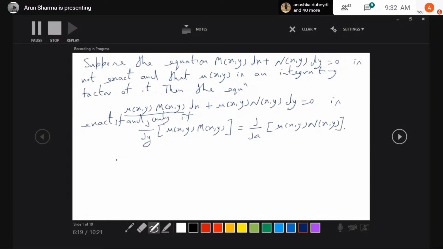So it is N(x,y) del del x of mu(x,y) minus M(x,y) del del y of mu(x,y). Let me go manually, otherwise you will get confused. I don't want to miss steps. So let's start with this one and apply the product formula.